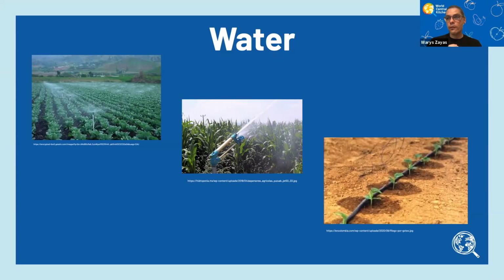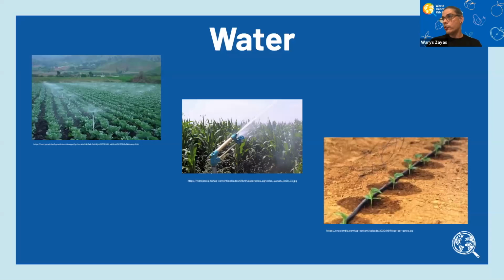So you don't want this kind of system. They don't use water in an efficient way, and they have a heavy impact on your soil. I highly recommend the kind at the bottom right.